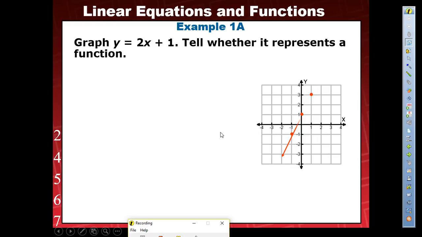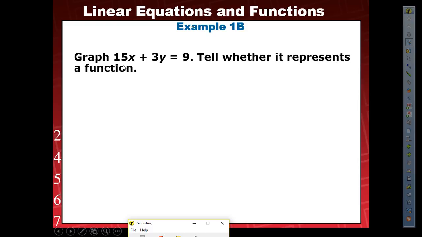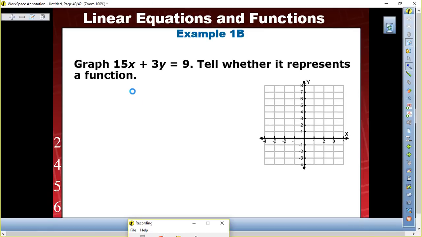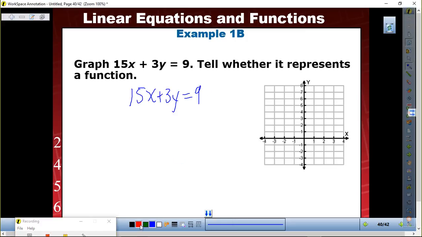Remember that? And then from there, I gave you guys this one, and we said, well, this one we needed to solve for y. So this kind I'm recapping for some of you that missed this, 15x plus 3y equals 9. So to solve for y, I need to leave y by itself, so I subtract 15x.